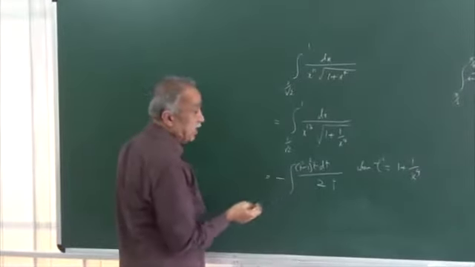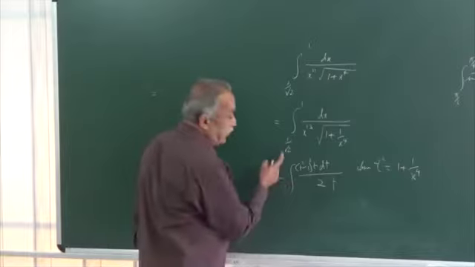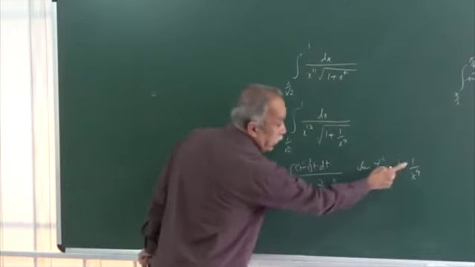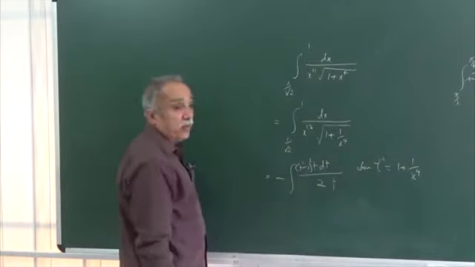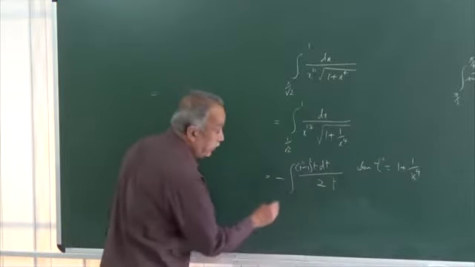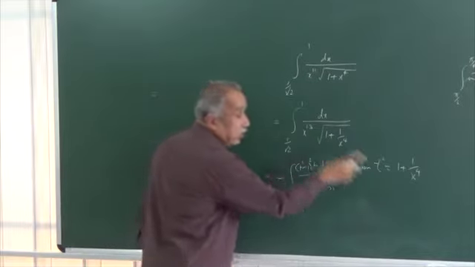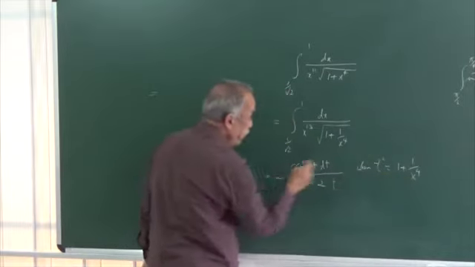Simultaneously I must replace the limits of integration also. When x is 1 by root 2, what will be 1 by x to the power 4?